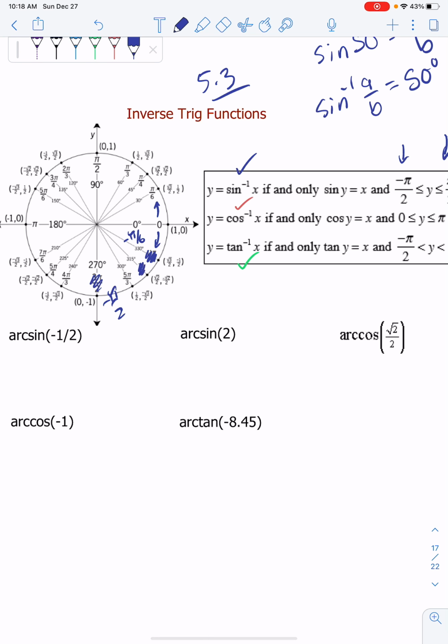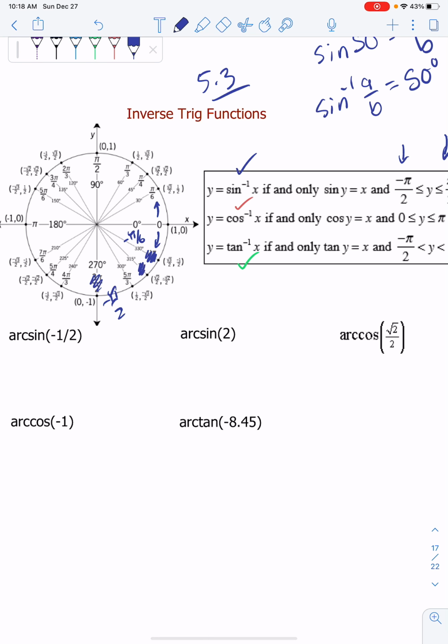Now, that angle is 11 pi sixths. But because that's not in my domain, remember, we're going to call that negative pi over 6, because 11 pi sixths is not in our domain.